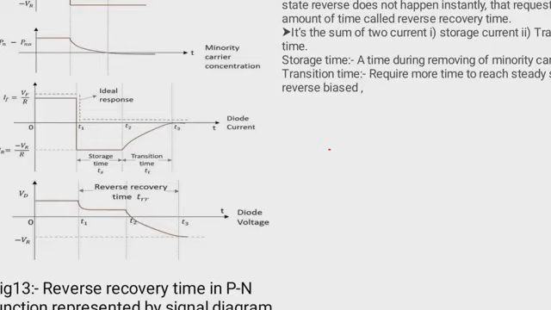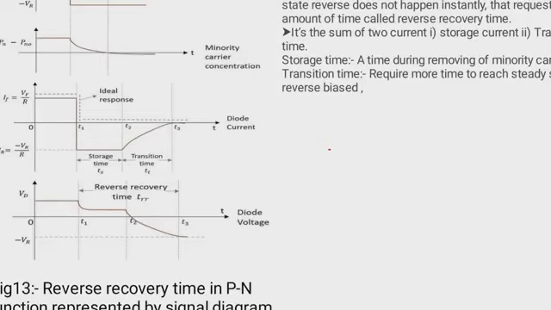So before t equal to T1, the diode is in steady state forward biased, as I have seen already. After t equal to T3, the diode operates in steady state reverse biased.